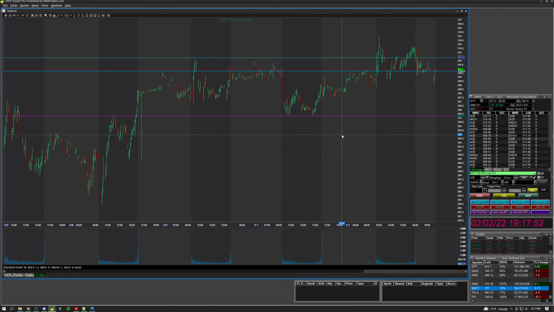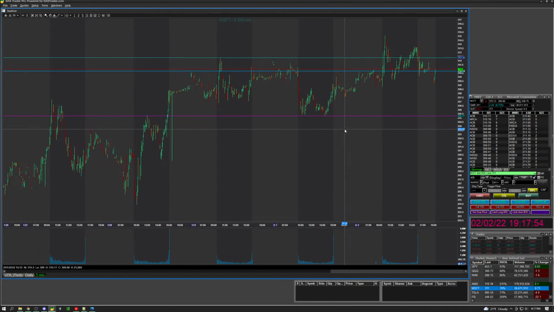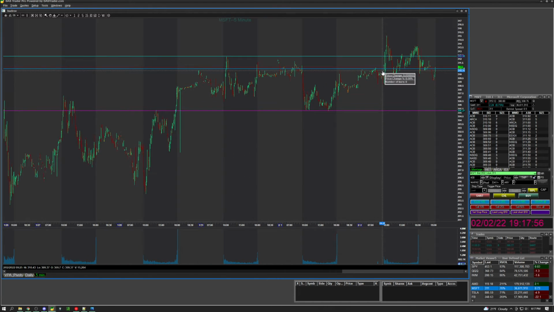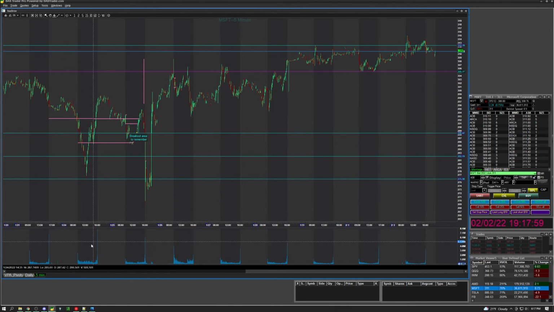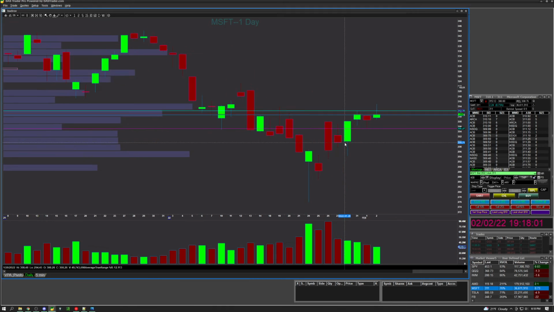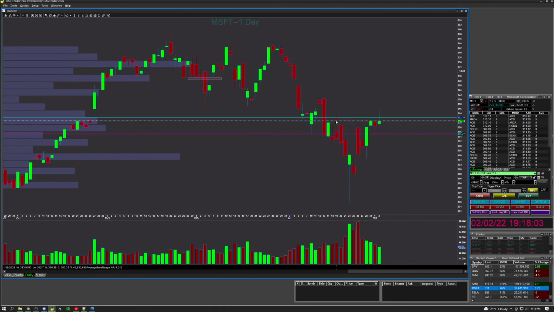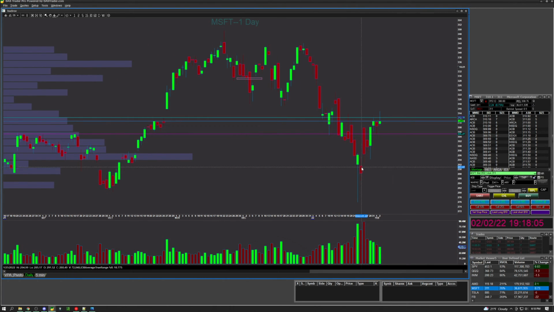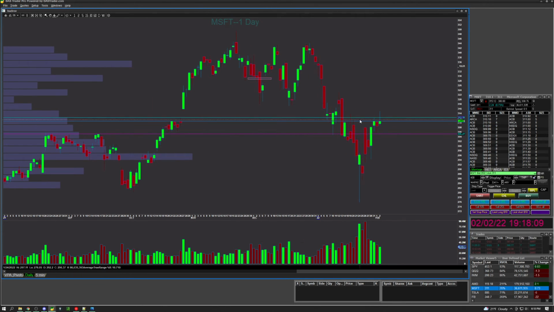even though it was kind of ugly, and I don't really like the chart, it's not super clear. I don't think this daily is near as good. You can just see the wicks are really big. So when the wicks are this big, you just can't use the levels as well.